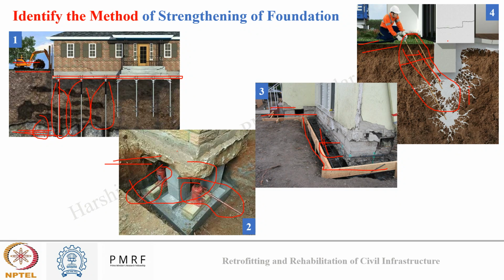Okay, so that means, except for this chemical grouting, we don't have any other options for the internal foundations, if we can access the internal foundation, we can go for it. Since I talked initially also, when I am talking about strengthening, I will disrupt the functioning of my existing structure for some time.